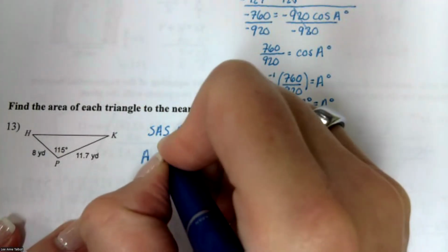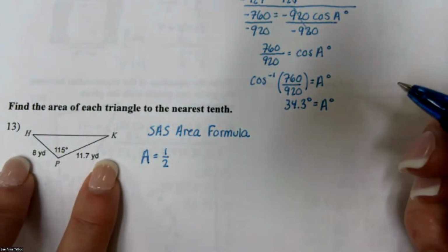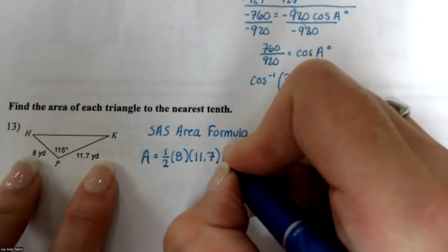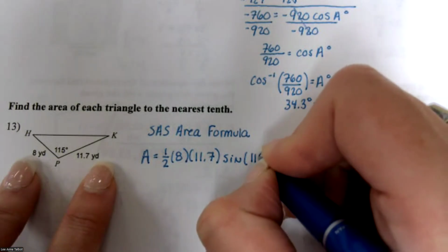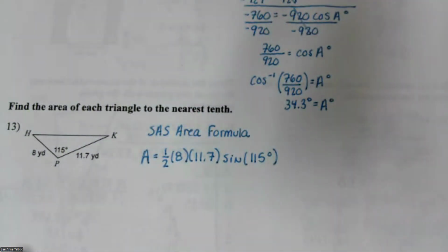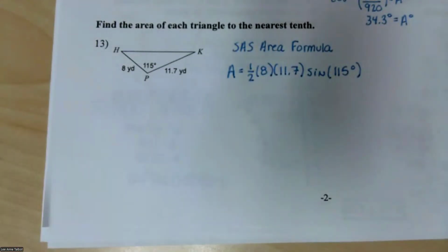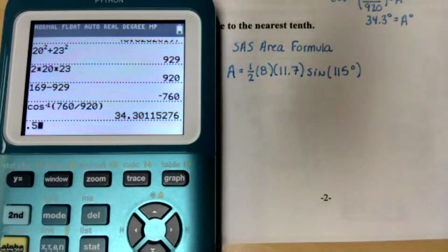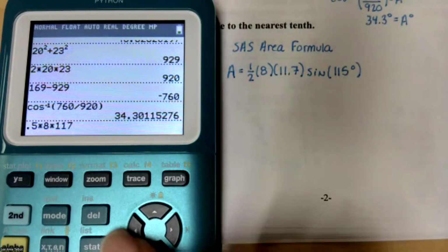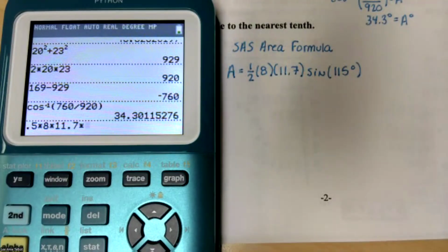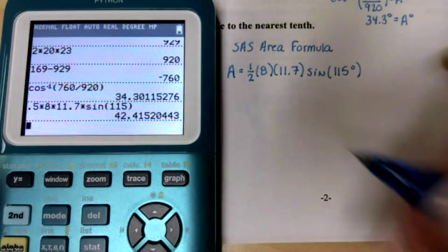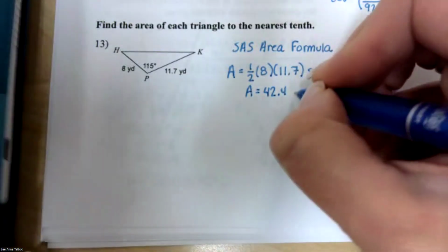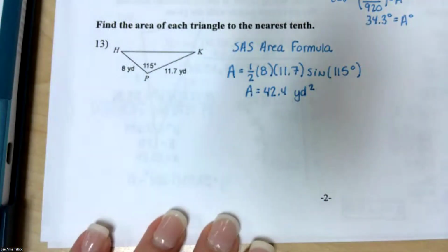Area equals 1/2 side times side times sine of the angle between. 42.4 yards.